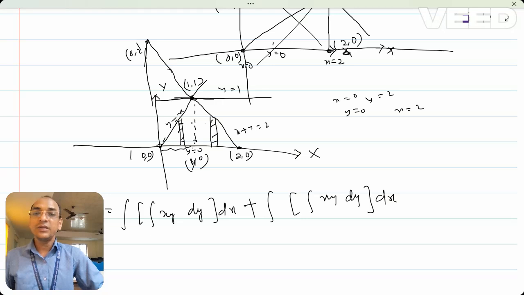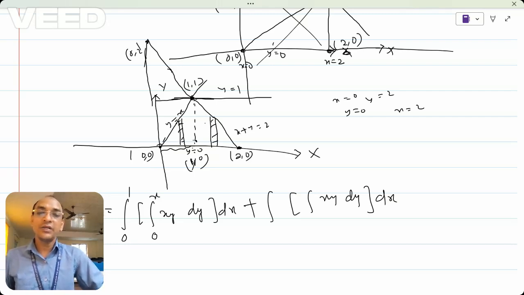For this region, x starts from 0. x is the outer integral, so it should have constant limits, 0 to 1, and y is the inner integral, so its limits should be functions of x. The lower limit of y is 0, and the upper limit is the line y equal to x, so I write x. This is one integral.